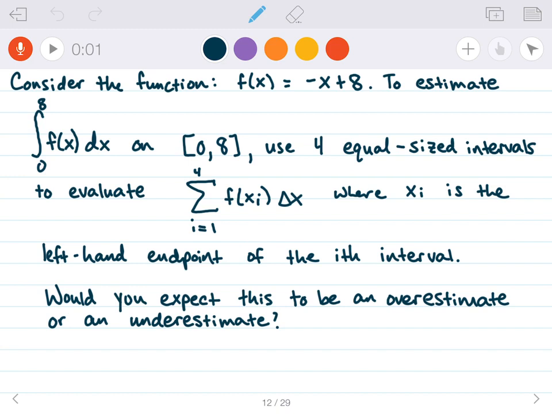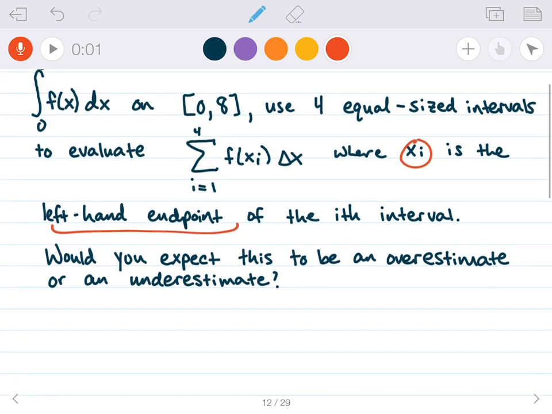And now they say, let me do this in a different color. They tell us that xi is the left-hand endpoint, so we're using a left-hand sum here of the ith interval. And, do we expect it to be an overestimate or an underestimate?